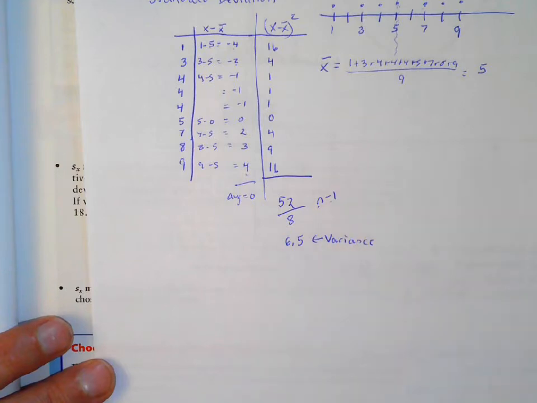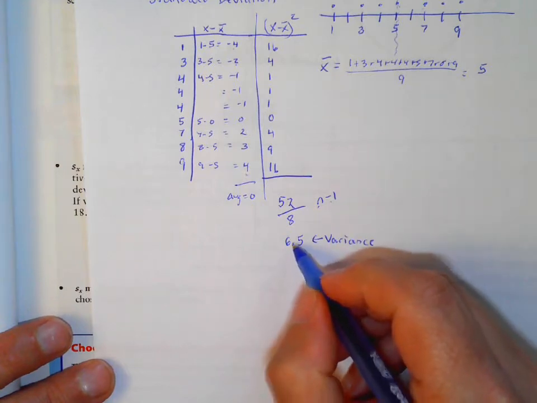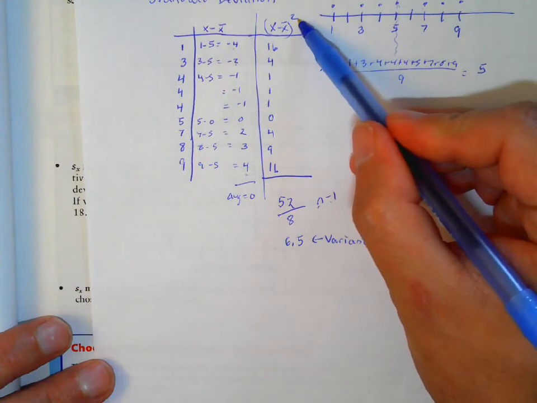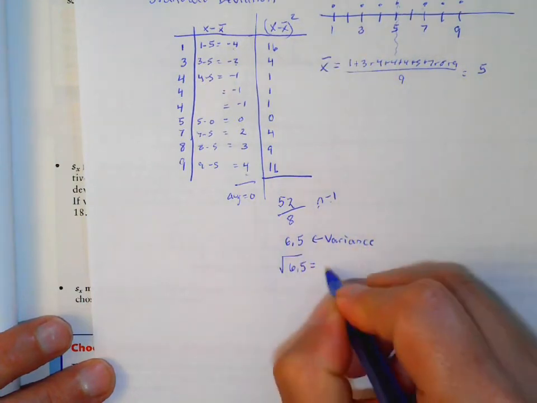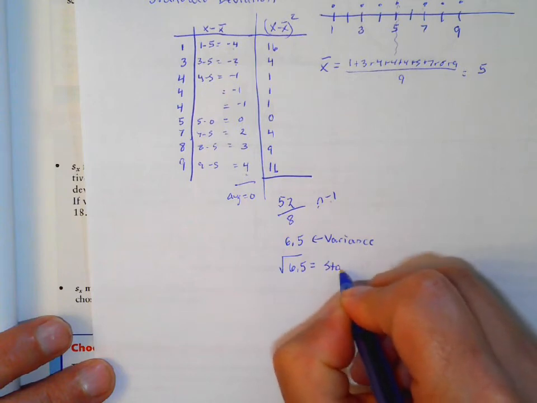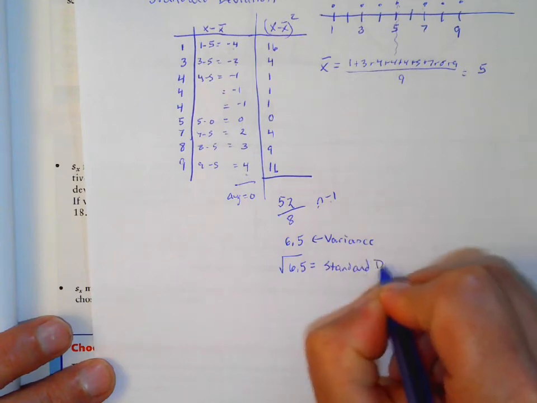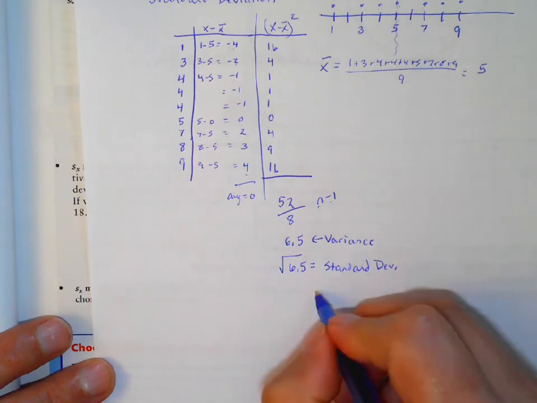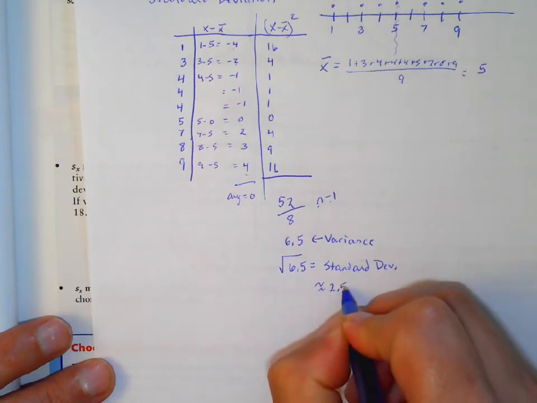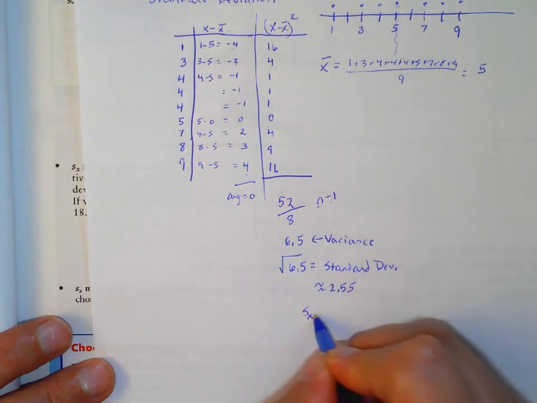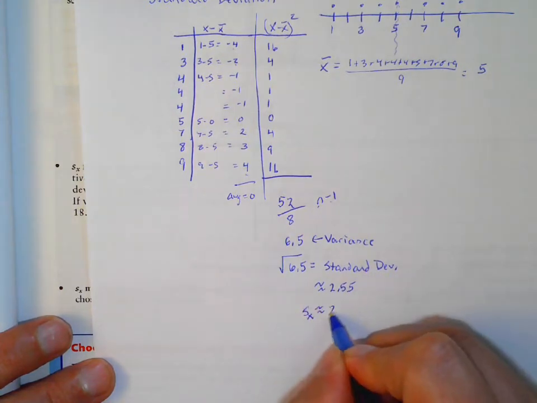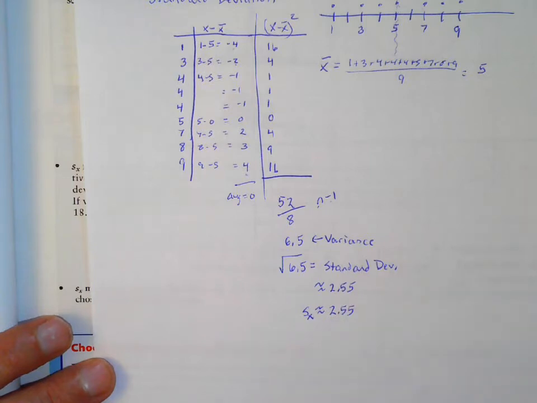We'll use that later on in the year. And then to undo the square that we did, we take the square root of that 6.5, and that is our standard deviation. The square root is approximately 2.55. Since it's a sample, we use Sx as our symbol for the standard deviation. Okay, so that's how you find standard deviation.